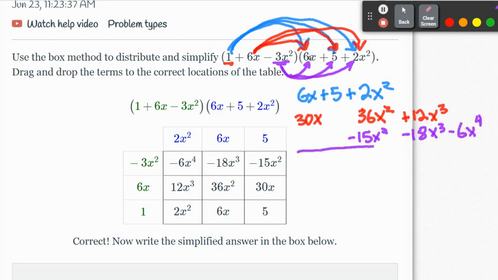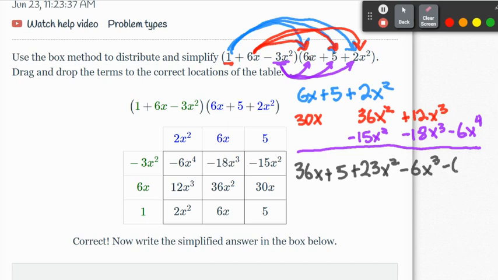And then when I vertically add all of my vertically aligned like terms, I will have the same result I had before. It's just going to be out of order because I didn't reorganize my parentheses before multiplying here. So 36x plus 5, and then the 23x squared, and then the negative 6x to the third, and negative 6x to the fourth.